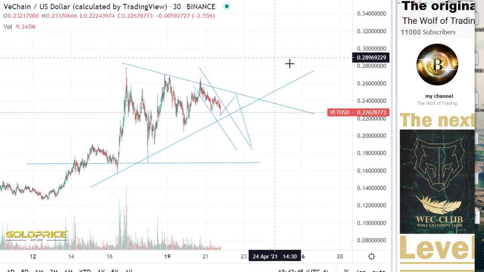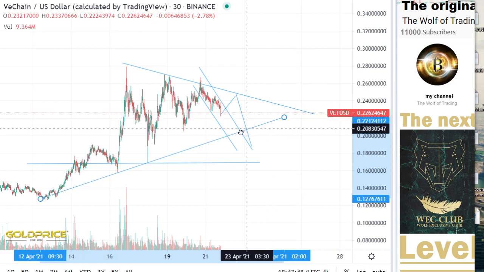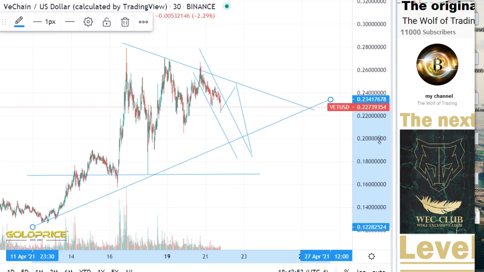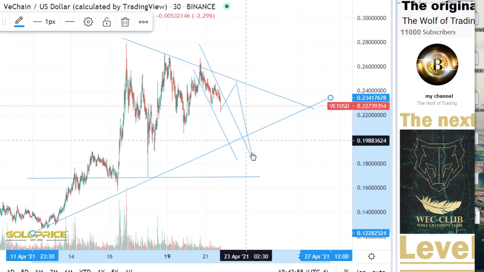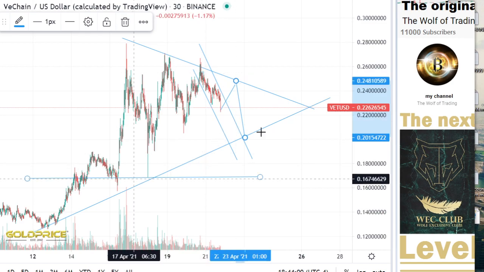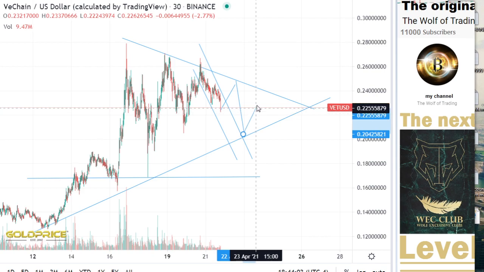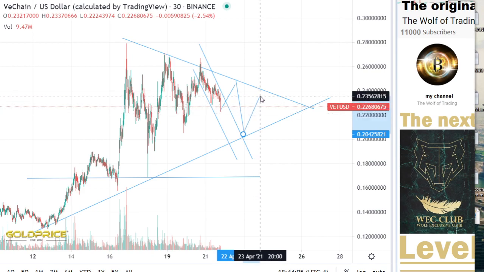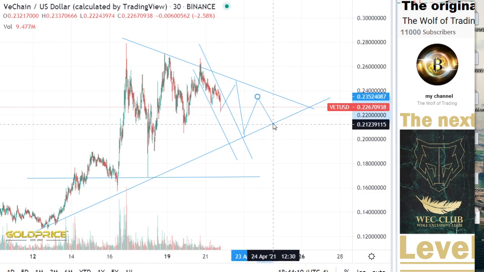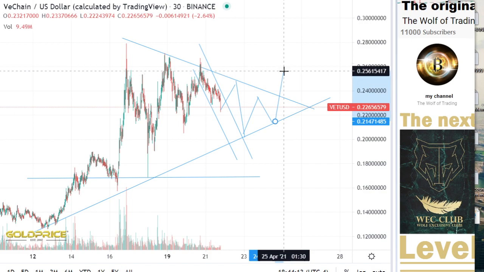Then we have to make our triangle a little bit different in this case, so that we can say we have a little bit of room to the downside, but with the option that we can stay at these levels, and then the next move is something like that. Then I can say okay, it makes sense, and then we can go to the top side.